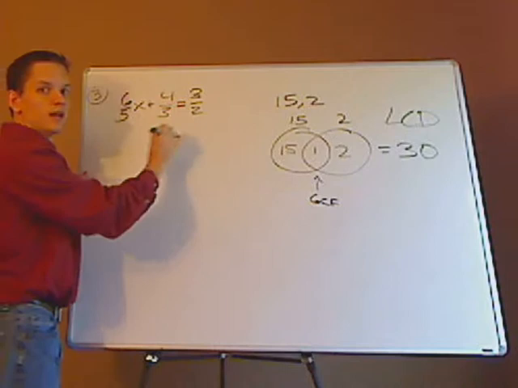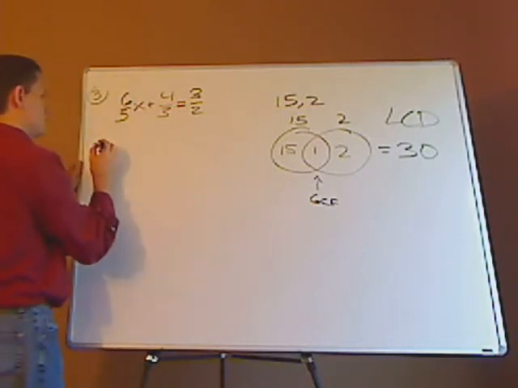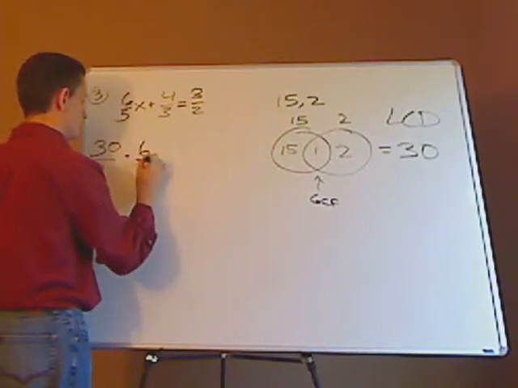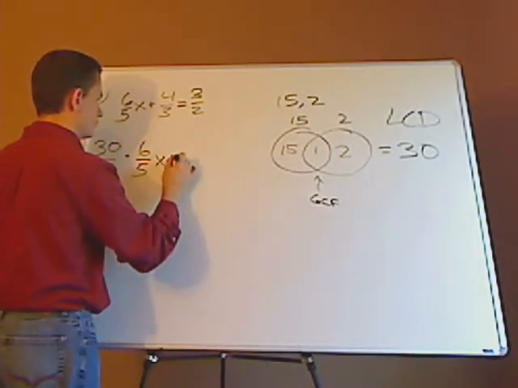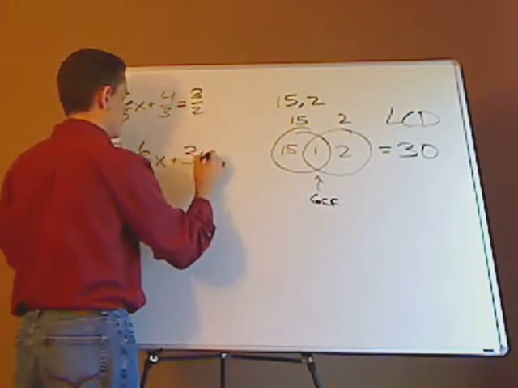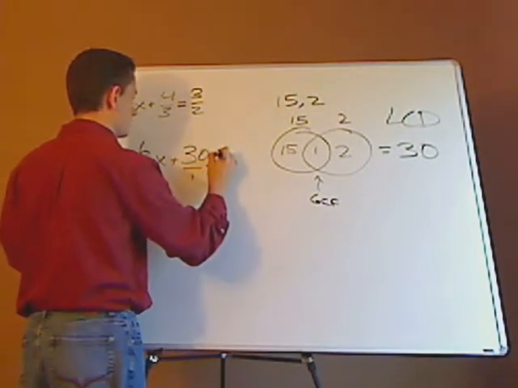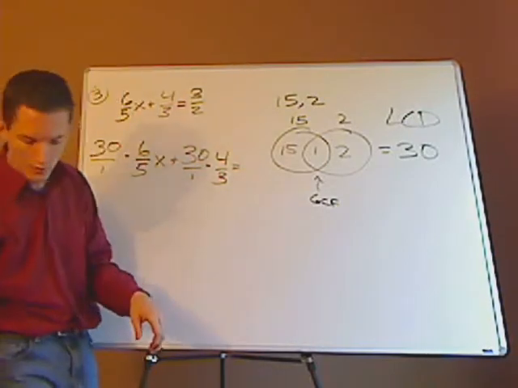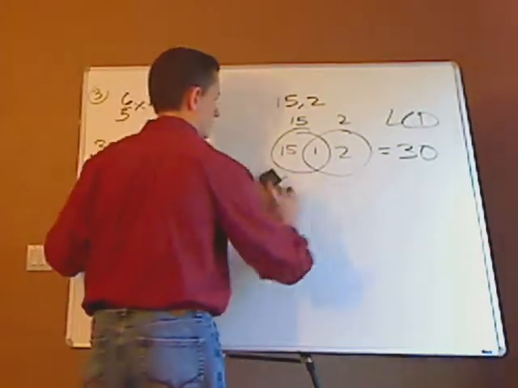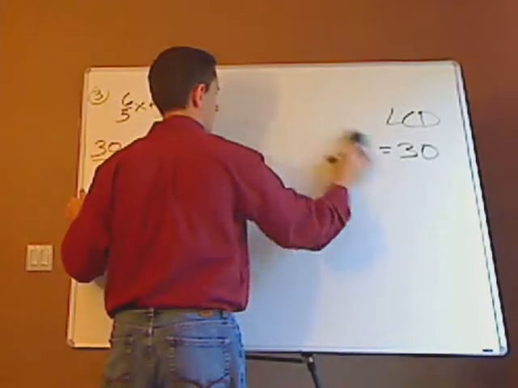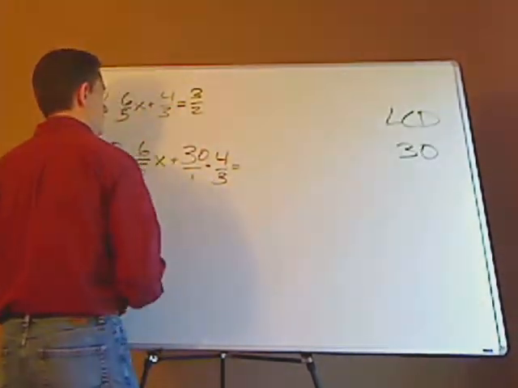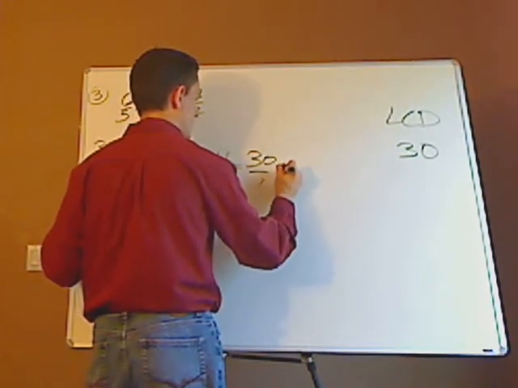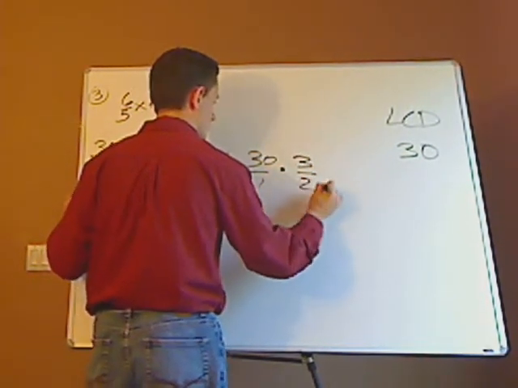And then you just multiply each of these by 30. So you have 30 over 1 times 6 over 5x plus 30 over 1 times 4 over 3 equals 30 over 1 times 3 over 2.